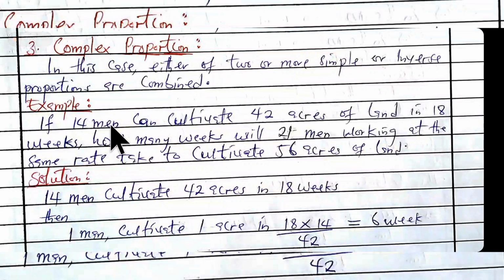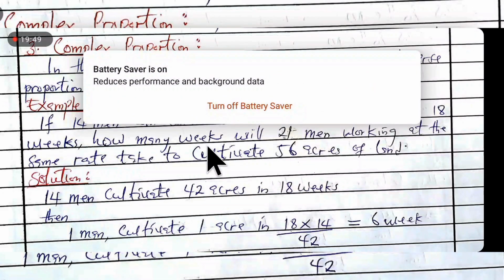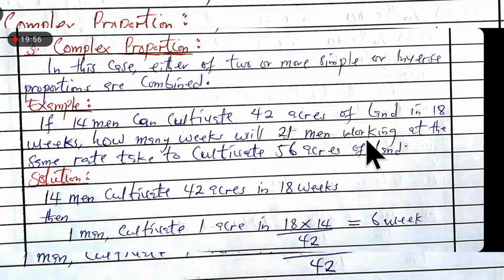If 14 men can cultivate 42 acres of land in 18 weeks, how many weeks will 21 men working at the same rate take to cultivate 56 acres of land?